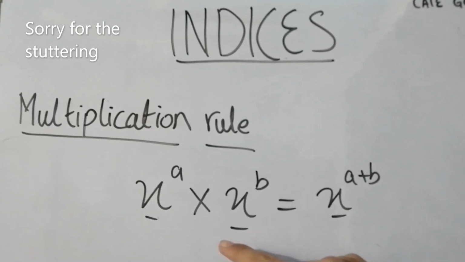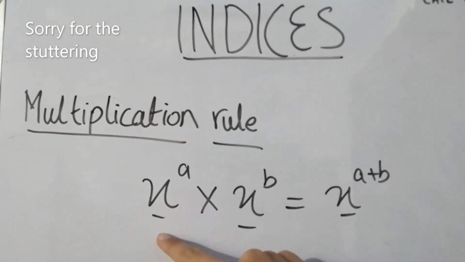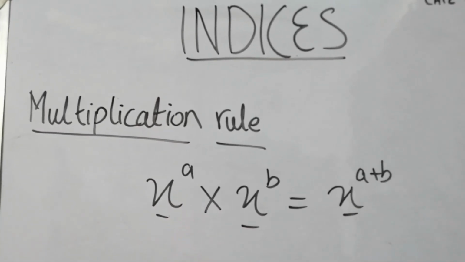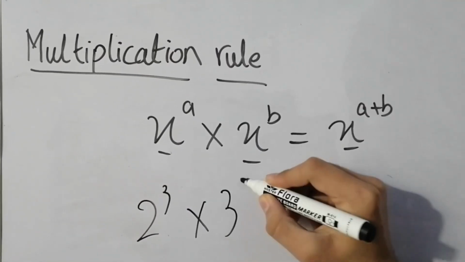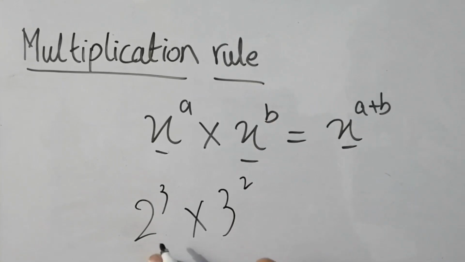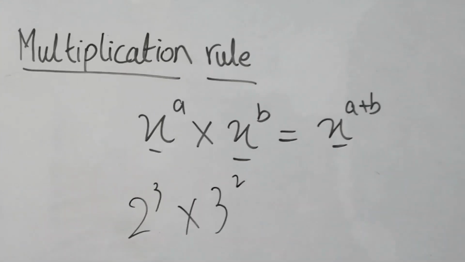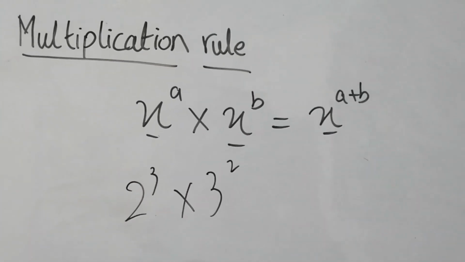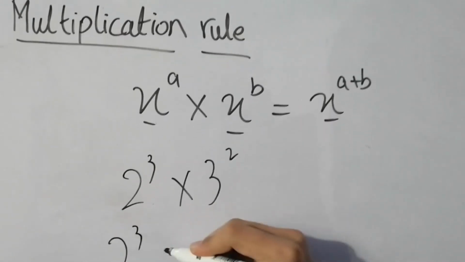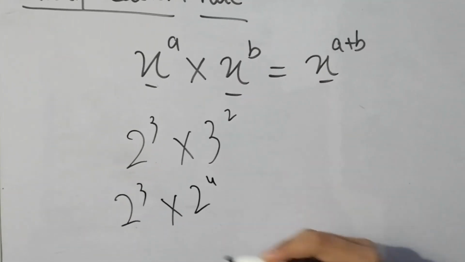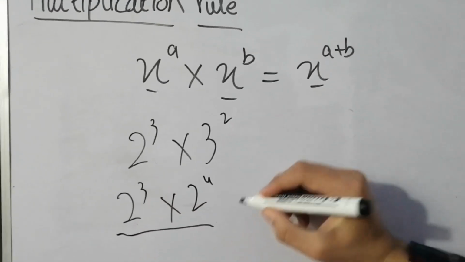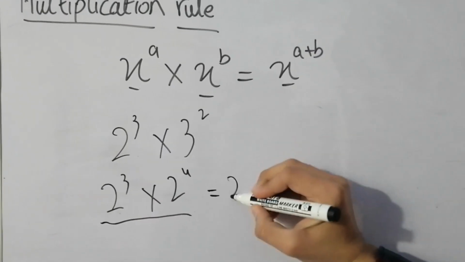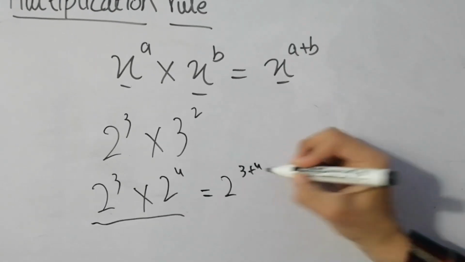The base number in both the numbers needs to be the same, so it can't be 2 power 3 into 3 power 2. This rule does not apply to this because the base numbers are different. It only applies to, for example, 2 power 3 into 2 power 4, only then does it apply. So this will become 2 power 3 plus 4.